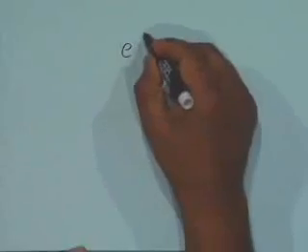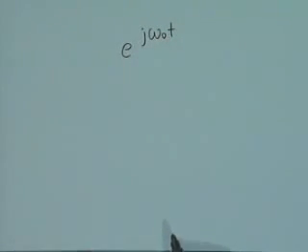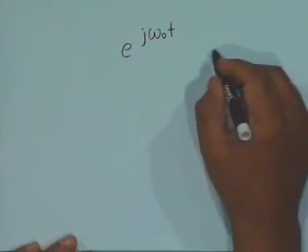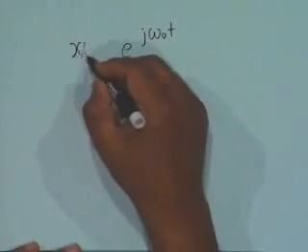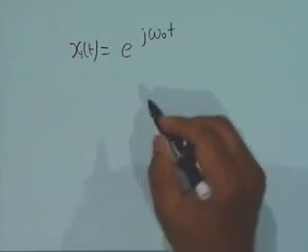Now, consider a signal, let's say x1 of t, which is e to the j omega 0 t.